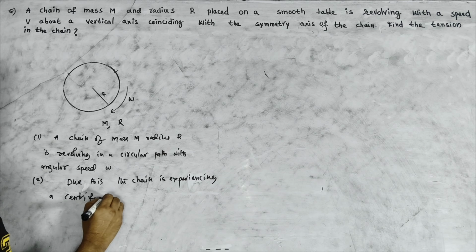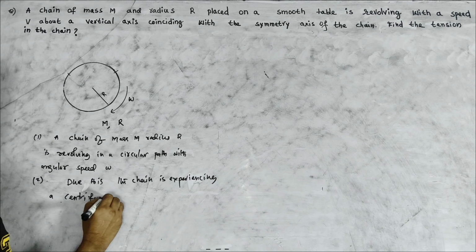This is due to the angle made here, d theta by 2. And the other component is T sin d theta by 2 on this side and T sin d theta by 2 on the other side.